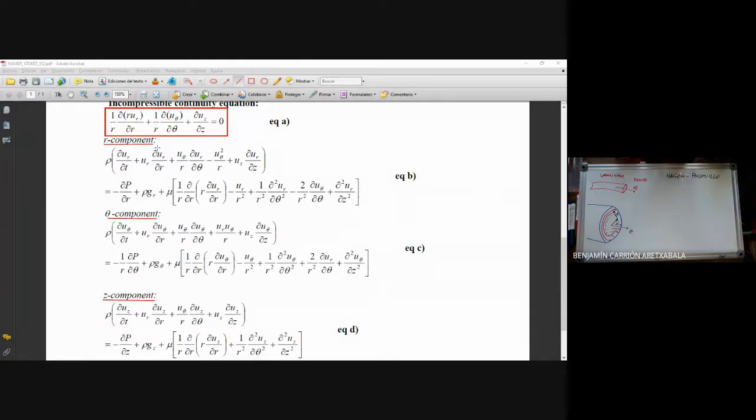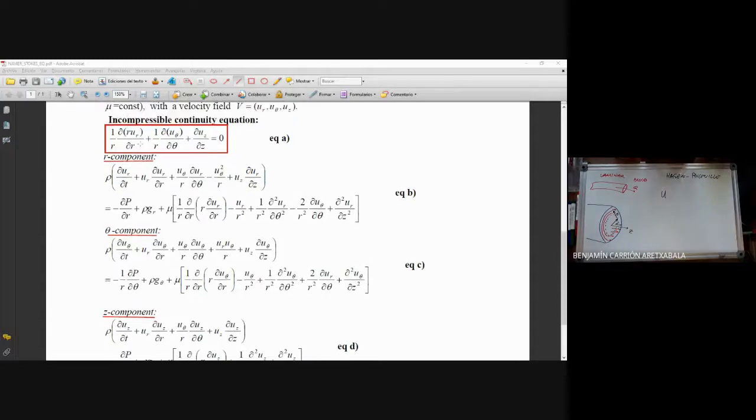What we're assuming, maybe you can see it here, is that the velocity, and realize that here we're calling velocities u r and u theta and u z. So these are the velocities along the radius, along the tangential direction, and along the vein. And we're assuming only the velocity along the vein is non-zero.